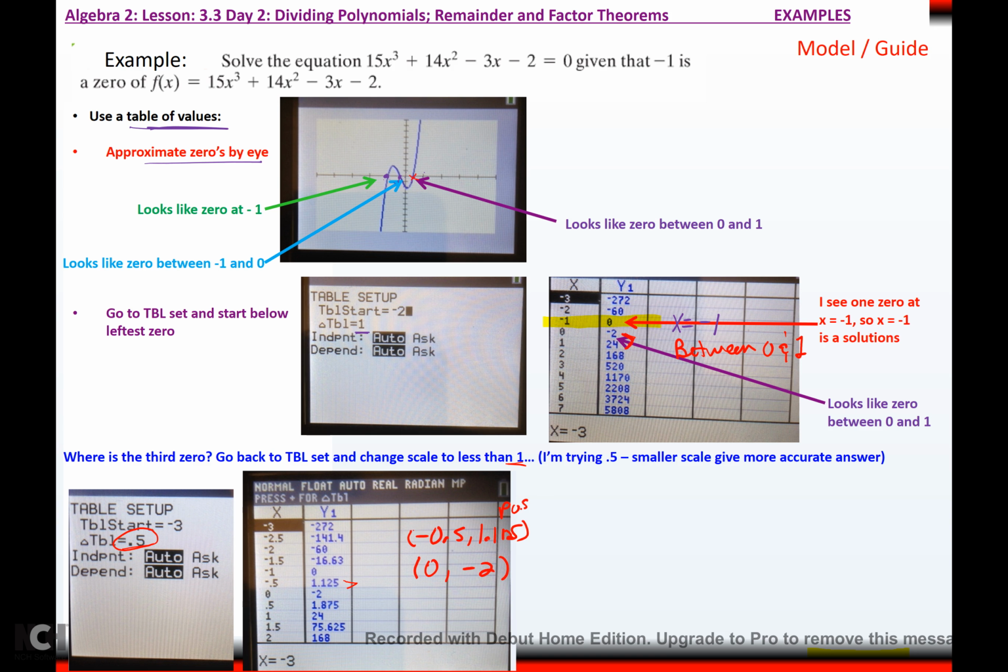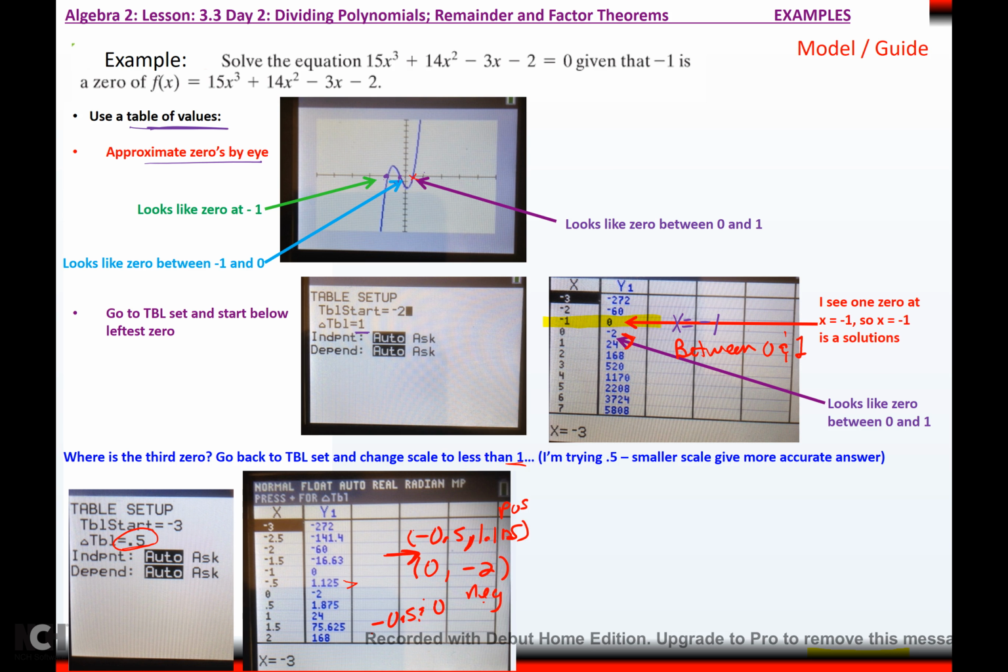So here I've got a positive y, here I've got a negative y. Yeah, that's the negative. So right here I've got a change in the y coordinates, which means I have a 0 between -0.5 and 0.